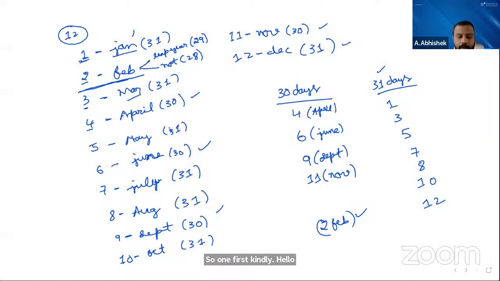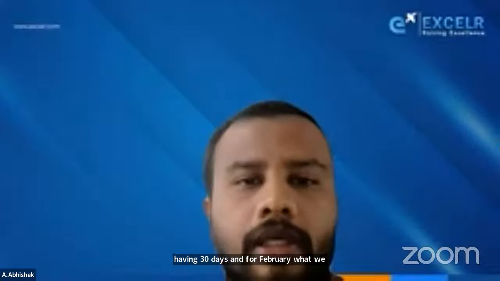First let me take this pic, because later if I close this, it will be gone. So if you want to take any pic, take a pic of this. You will come to know which are having 31 days, which are having 30 days, and for February what we have to do. And now let us start coding.